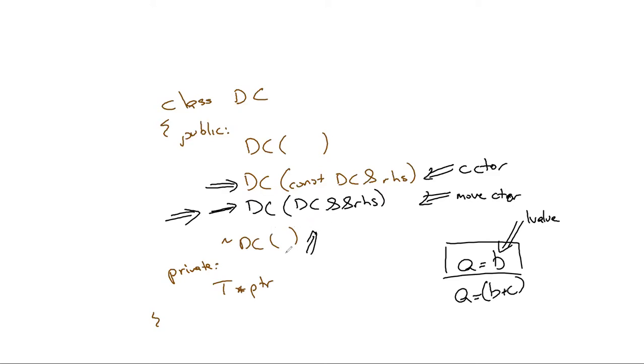Let me just write it bigger. It would be something like operator plus that gets a right-hand side. Let's discuss this right-hand side guy. Well, this is a B, it's an L value. This is a call to the copy constructor.